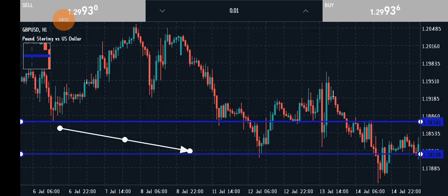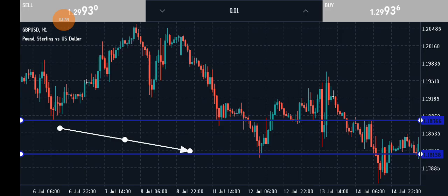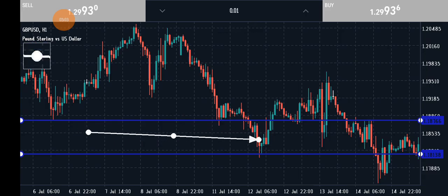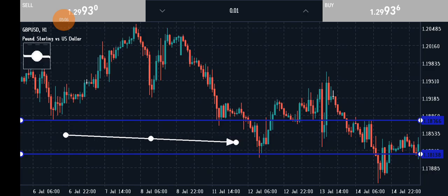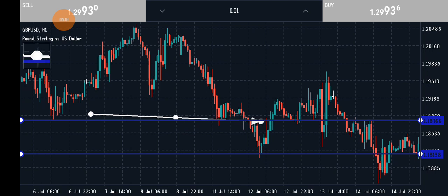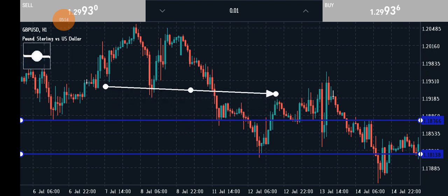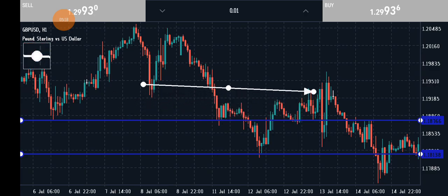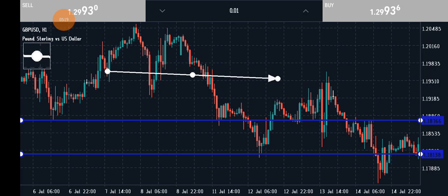Once you see multiple green candles, you place your changing character line immediately from where you see multiple green candles to where you see your red candle, and you can easily spot changing character. Just imagine we put the line here and the other line here, and the market broke out towards the upside and came back to our line, and we had this huge buy. You can see that.